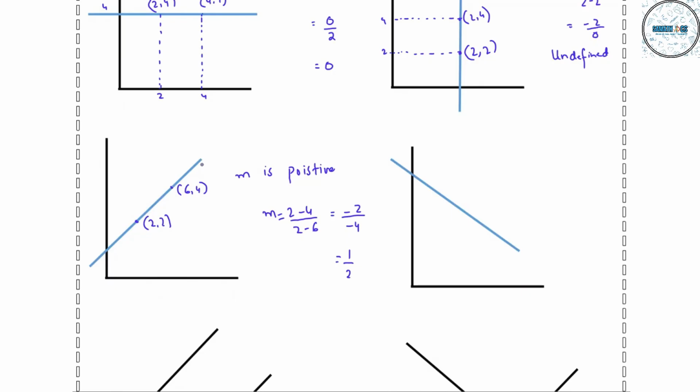So the gradient of a line like this is positive.